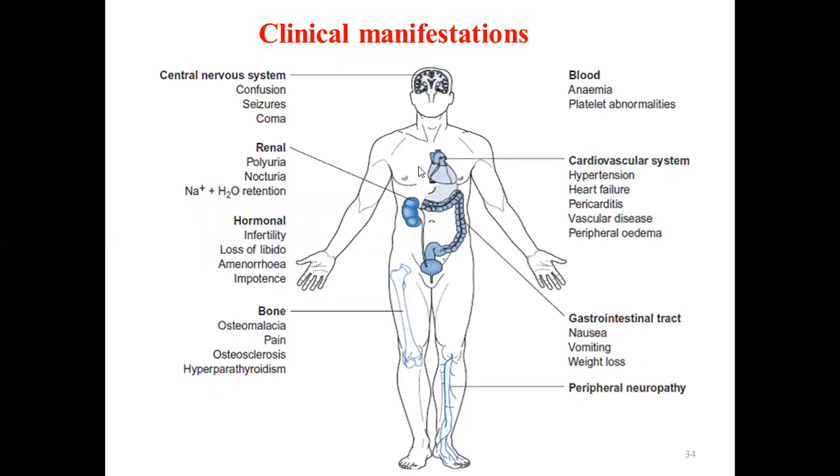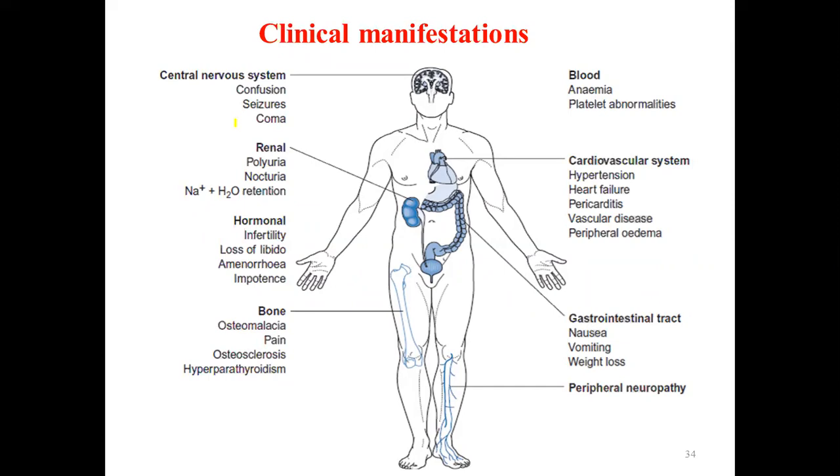When you look at this diagram, you can see that if the kidney function is deranged, it can affect almost all systems. On the CNS, the patient can have confusion, seizure, and coma because of uremic toxin. This toxin accumulates in the brain and causes a lot of damage.